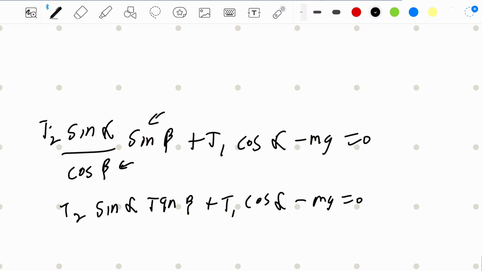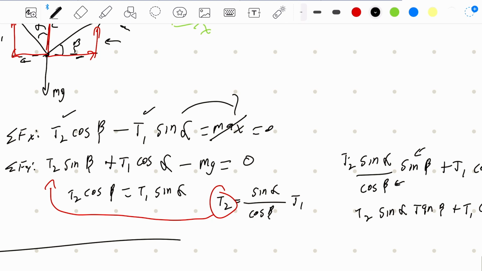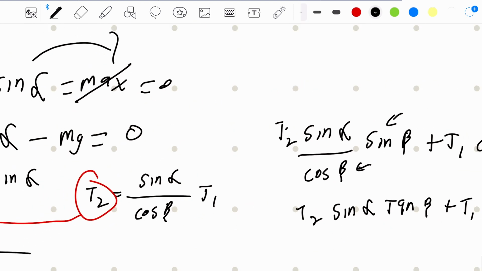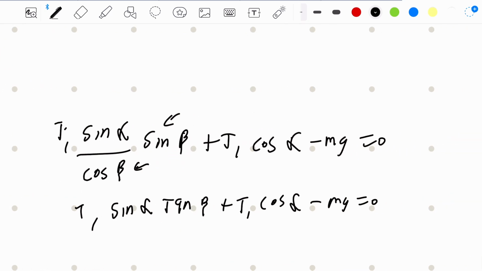Sorry, that would be T1. This should be a T1 in here. T1, there we go. All right, T1 sine alpha tan beta plus T1 cosine alpha minus mg.